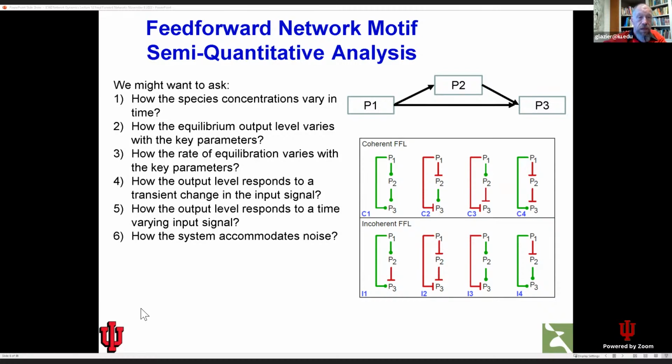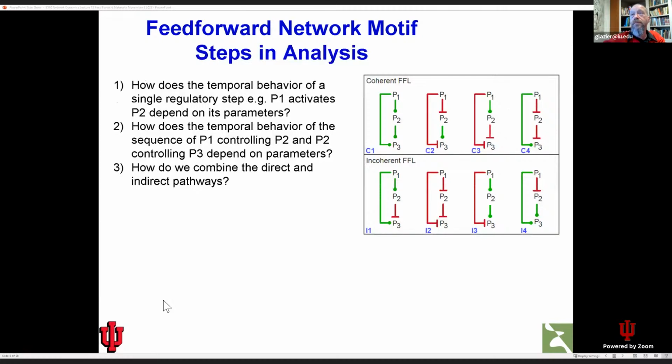It winds up that feed-forward networks have rather different noise dependence from the single network, the single function equivalent. And so we're going to always follow these same steps. First we'll look at the steady states. Then we'll ask how does the temporal behavior of each of the components work, and then what happens when we combine the two paths.